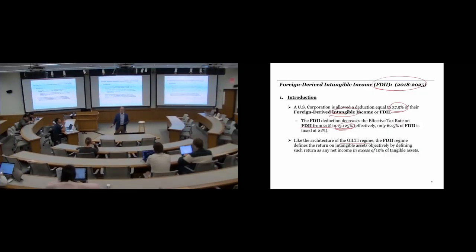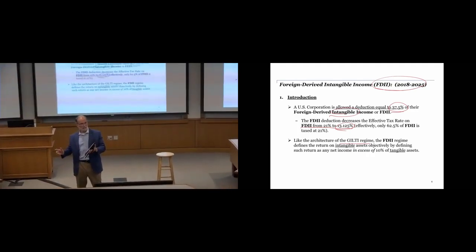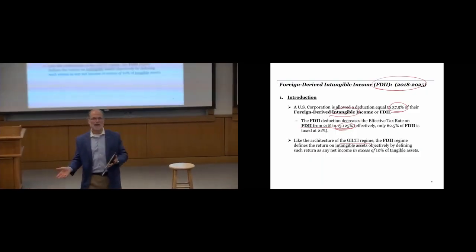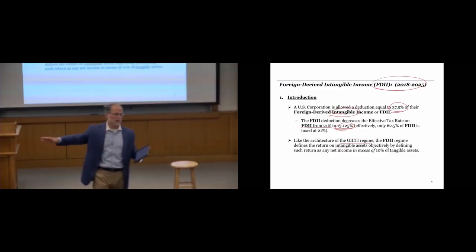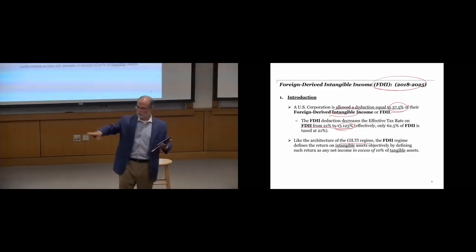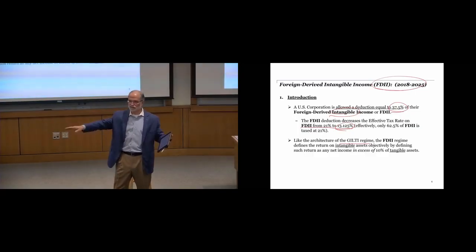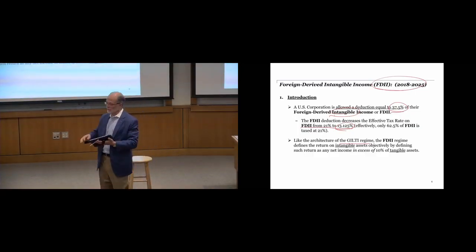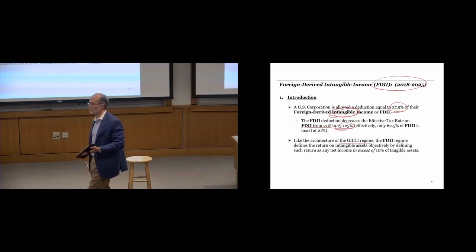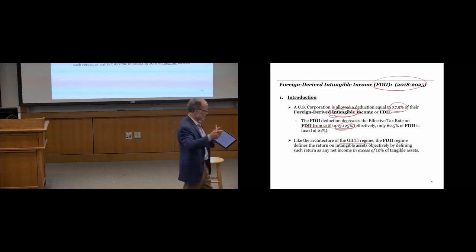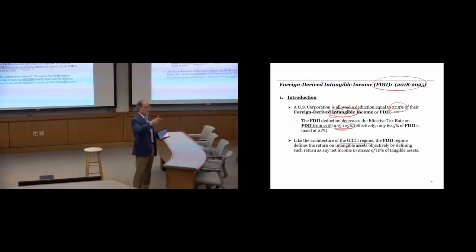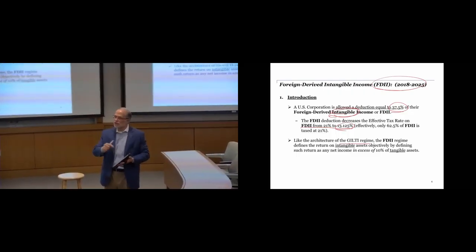So all they do is they say, I'll take all of your income, I'll look at your assets, and I'll deem 10% of that on your tangible assets as a return on the tangible assets. Everything else must be intangible. And I do that same rule for every taxpayer. Right? Just quit fighting about the definition of it. It's an objective determination. They do the same thing here because we have that word intangible income in FDII. They're going to do a tangible asset return, and then the rest is going to be intangible. That's what they changed in the One Big Beautiful Bill.